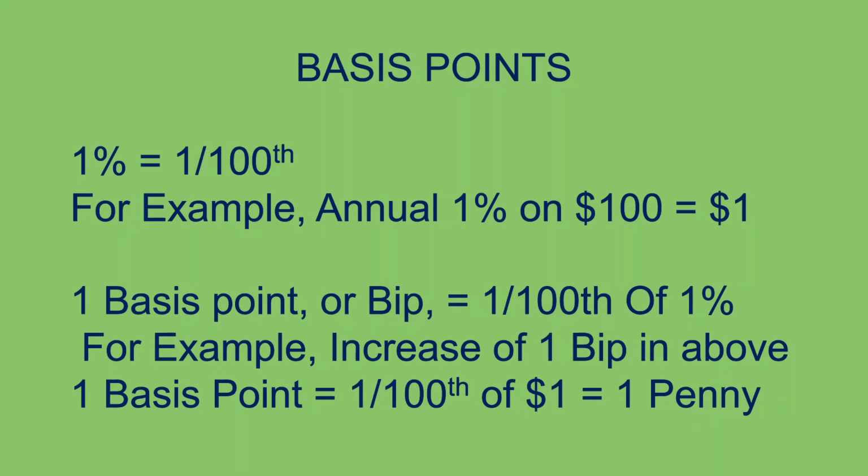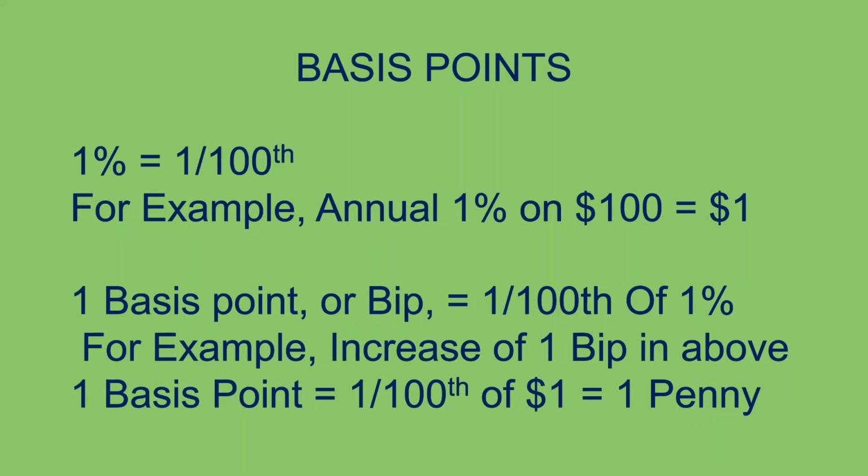So what happened is we got talking about fractions of percentages, and people had difficulty with that, so we decided to create basis points to talk about fractions of percentages. When we get down to that 1%, we take that 1% and divide it by 100 again. So 1 basis point, or bip, is equal to 1/100th of 1%.